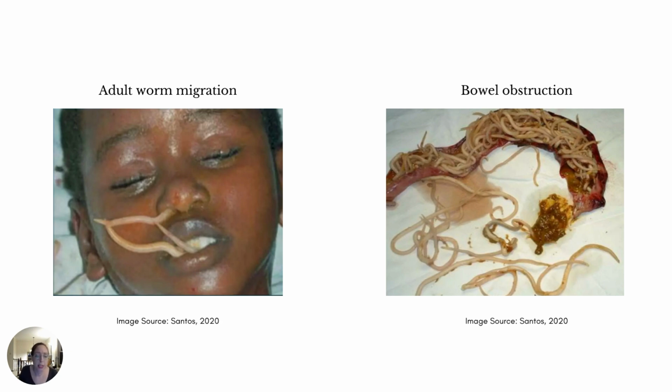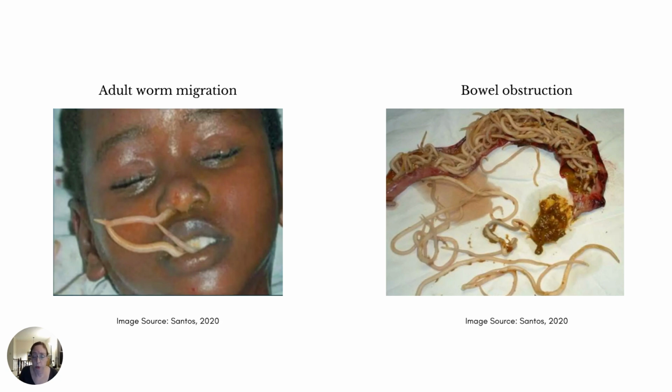So it's not hard to realize that when the worms are leaving the lower intestine, those remnants of the fetal system are still there. Sometimes they are able to access those, particularly in small children, and then leave the body through the umbilicus. On the right, you can see a bowel obstruction.